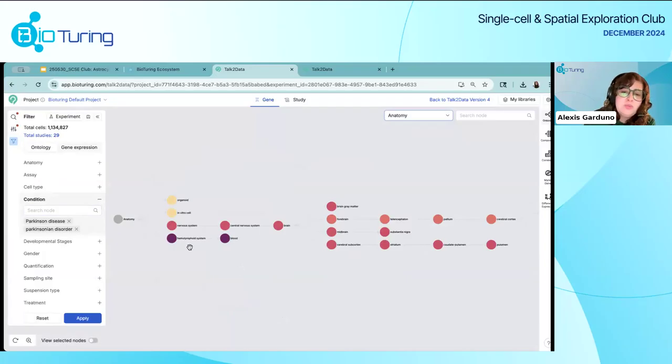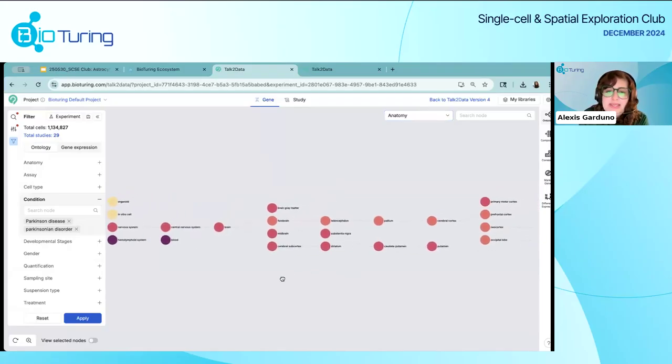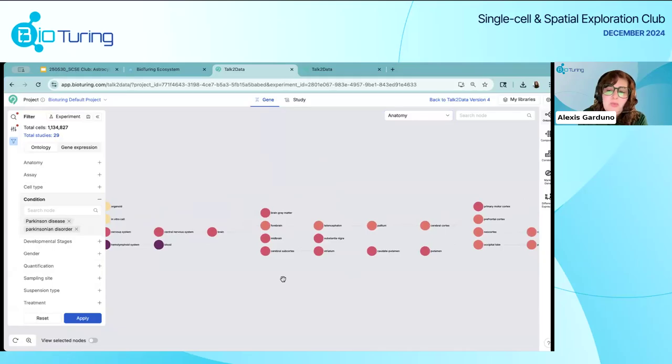So in one end, we do see that it's also enriched in blood samples. So if there is an interest in really exploring different blood samples compared to different brain regions or different tissues, that would be one focus. We can also see that just within the brain region, the main expression is really within the midbrain.